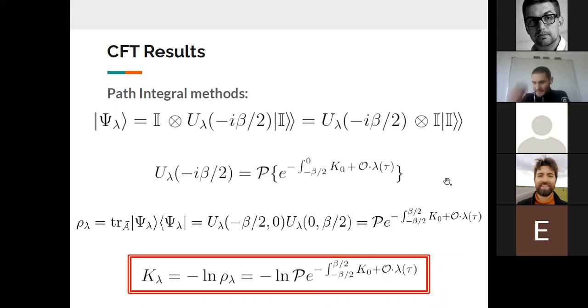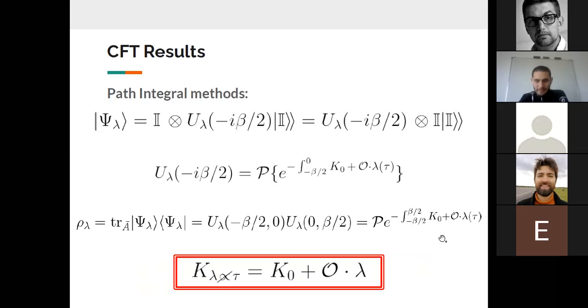One example that one can explicitly solve is to take a generic lambda that does not have a tau dependence, and one can check that this computation can easily be made, because the path ordering becomes trivial. Now one can freely take the logarithm, so one ends up with a concrete result, but for a very simple setup. We have simplified the problem too much, maybe.